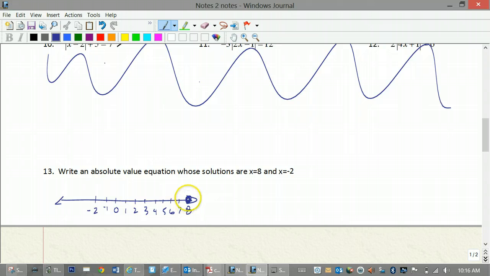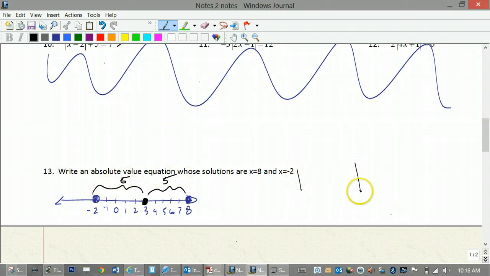What did we have to ask ourselves after we had that? We said, where's the midpoint? We've got to find that midpoint between negative 2 and 8. 1, 2, 3, 4, 5, 6, 7, 8, 9. Distance is 10, so it's 5 away. Right there, 3 is the midpoint. What's the distance between the midpoint and the endpoints?